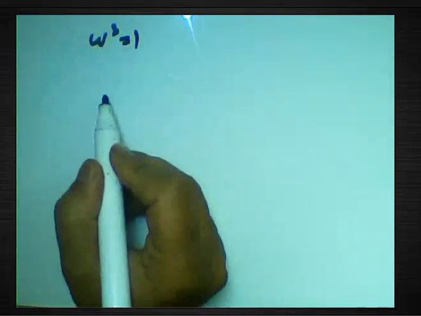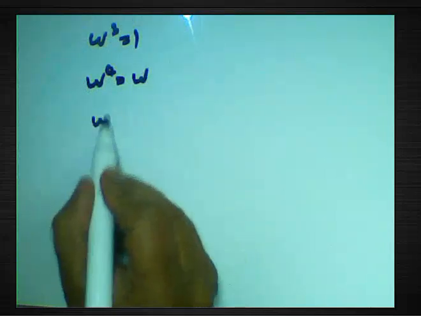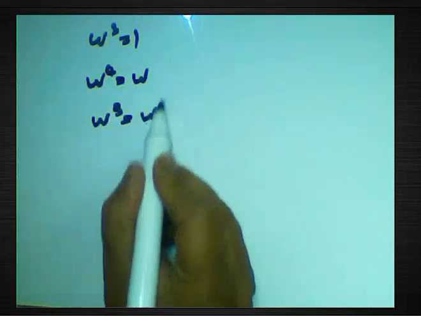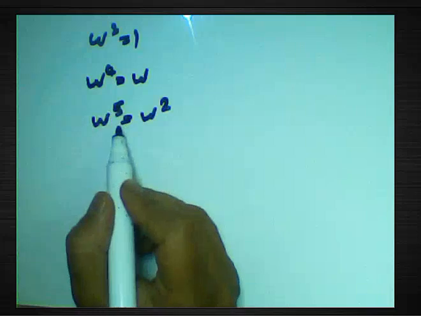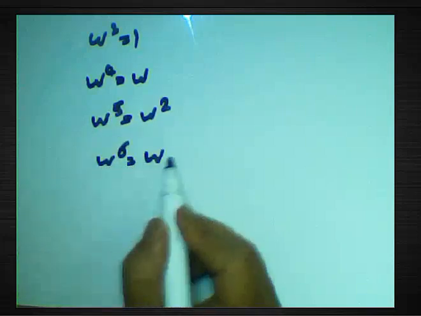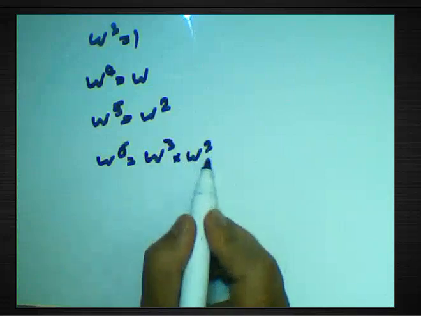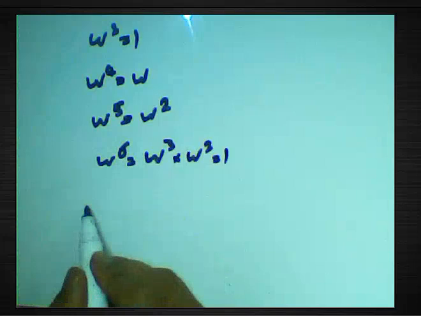Omega cubed equals 1. Omega to the power 4 equals omega. Omega to the power 5 equals omega squared. Omega to the power 6 will be omega cubed multiplied by omega cubed, which equals 1, because 6 can be divided by 3.